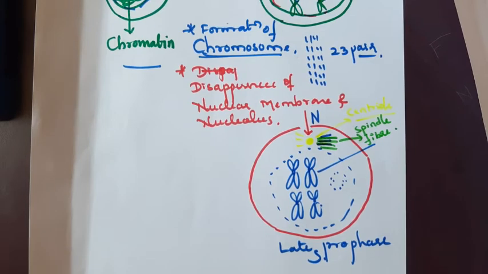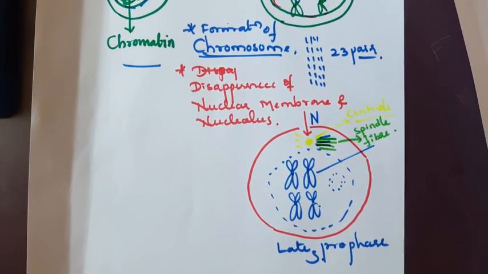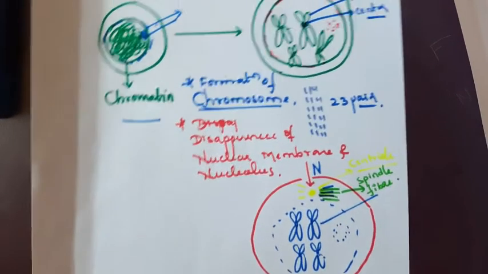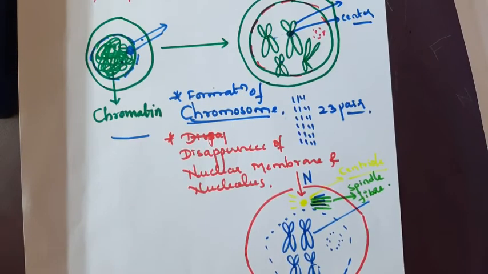In prophase, you have to remember 3 points. First, condensation of chromatin during the initial step of prophase, that is condensation of chromatin material to form chromosomes.